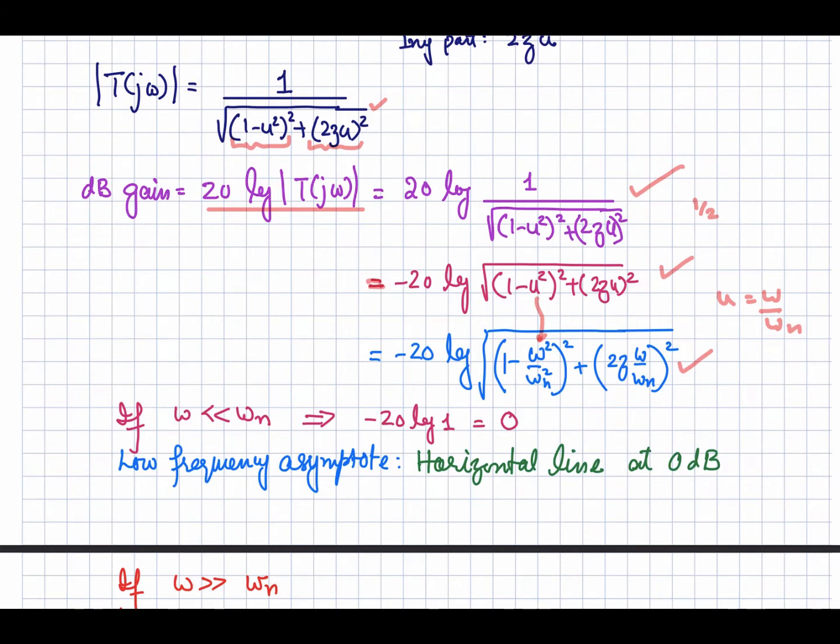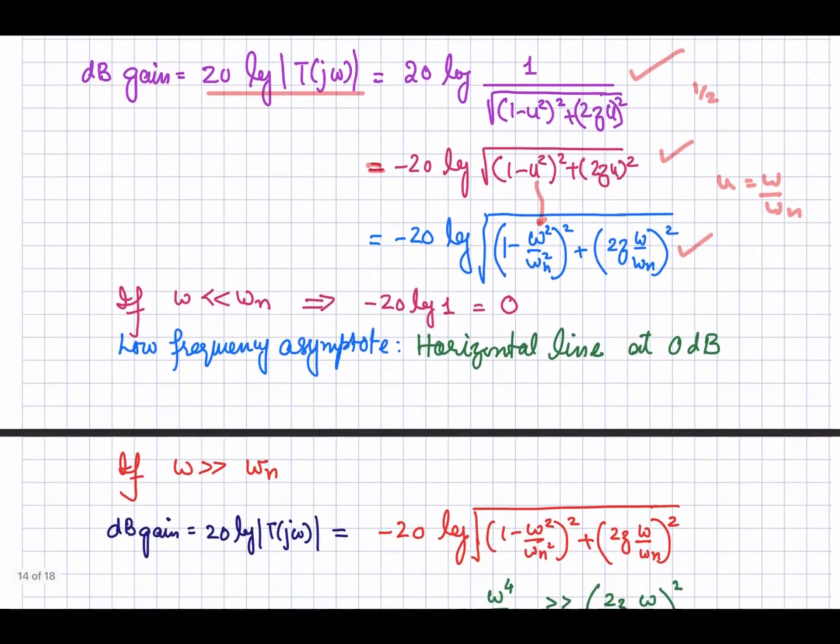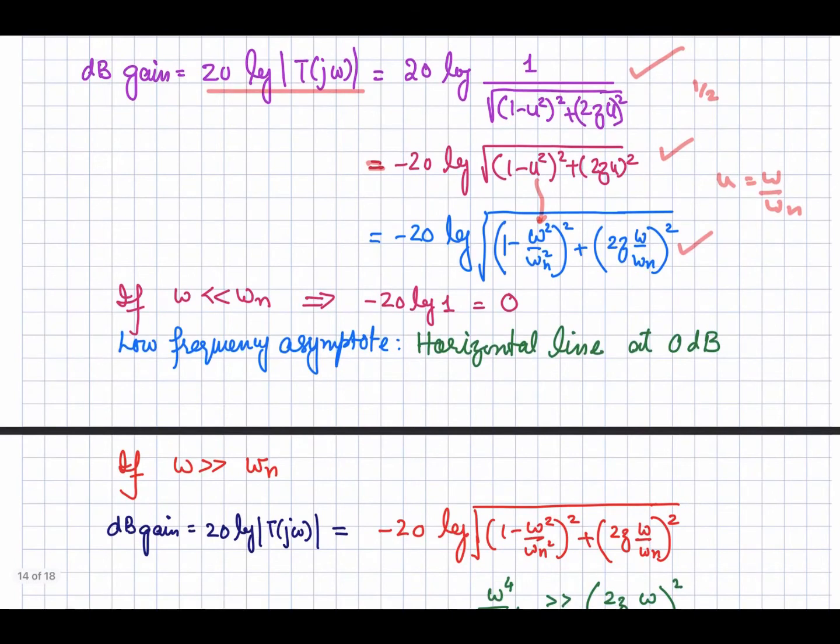Now if we evaluate this for different frequency ranges, let's suppose that the frequency is very small as compared to the natural frequency or the corner frequency of the system. So for that, this part will be nearly 0 and this part will be approaching 0.